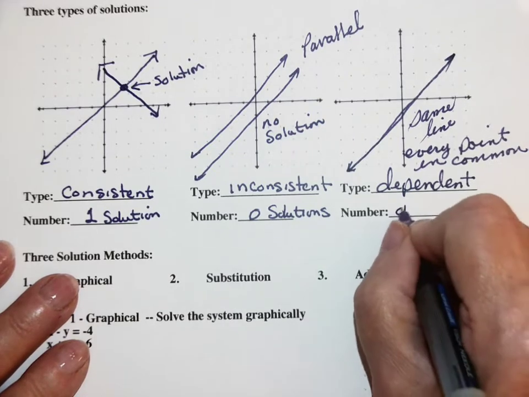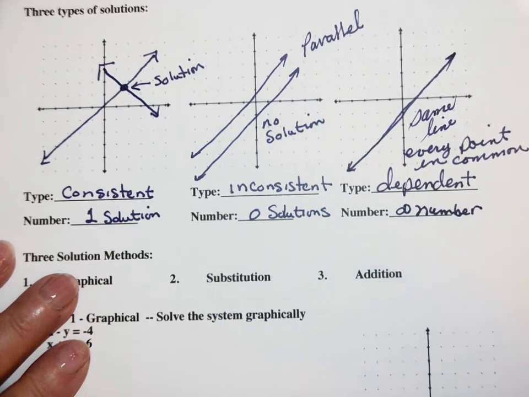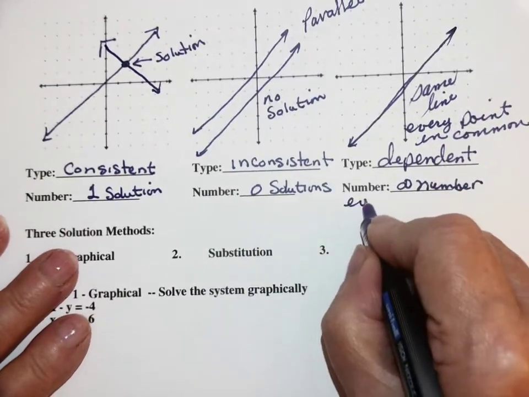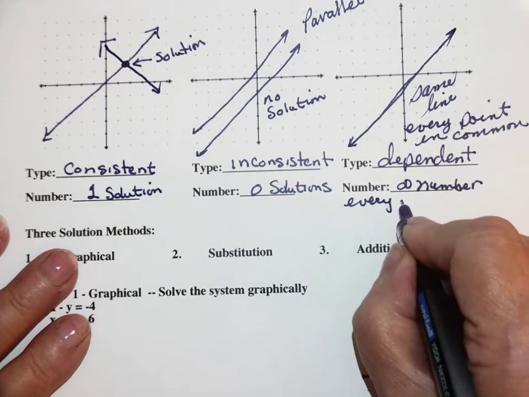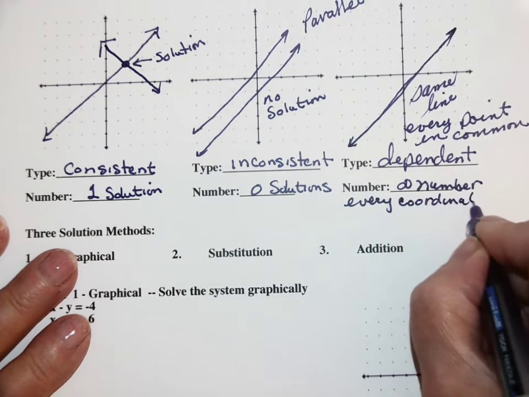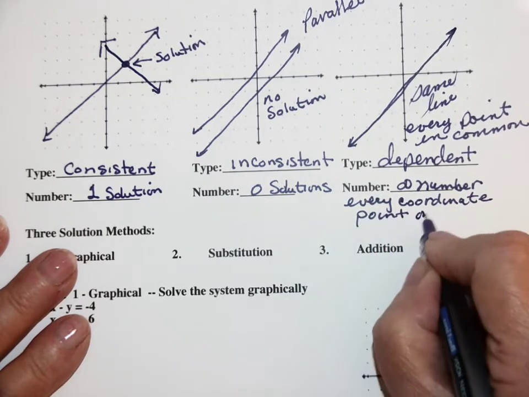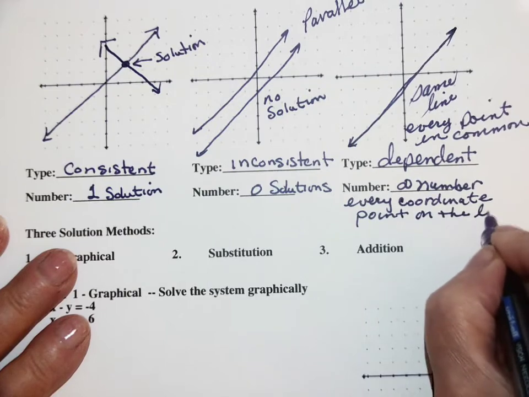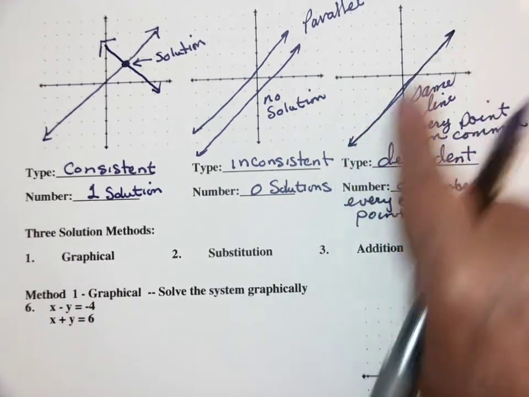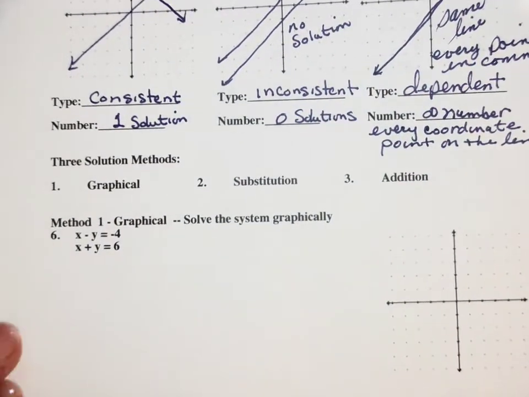And it has an infinite number of solutions. And that is every point that is on that line, every coordinate point on the line. So this whole line is the solution. Anything that's on this line would be a solution to the system.